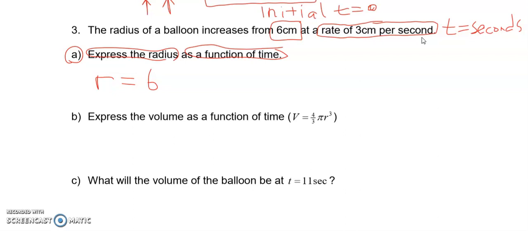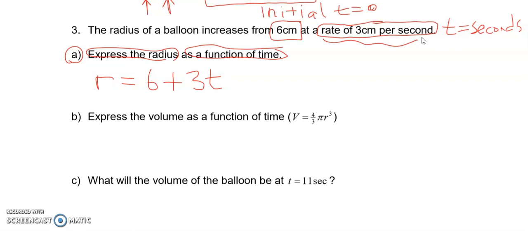Now, for every second that goes by after that, the radius has 3 centimeters added onto it. Well, that would mean it's increasing by, so it's plus. And if it's 3 centimeters per second, that's a multiplication. So it would be 3 multiplied by t, where t, of course, is the time in seconds.